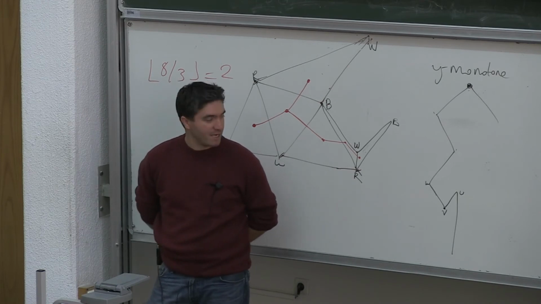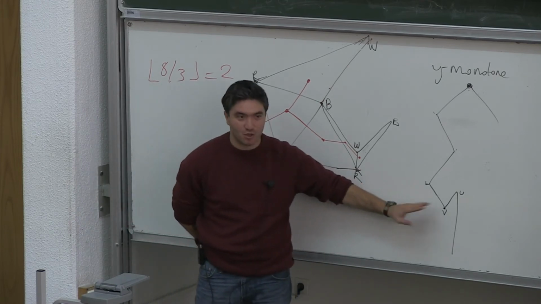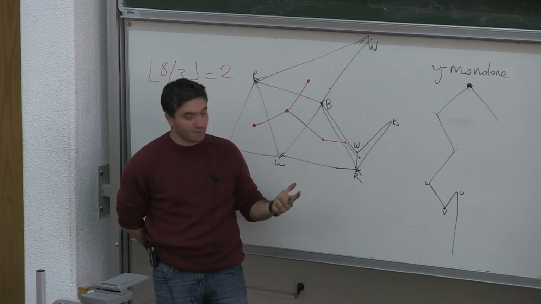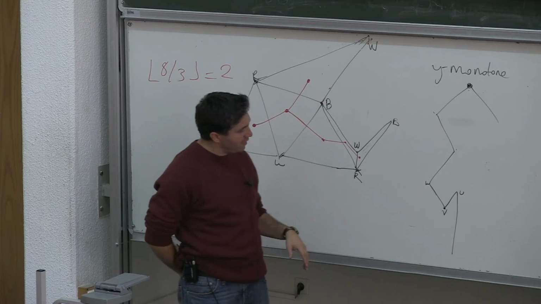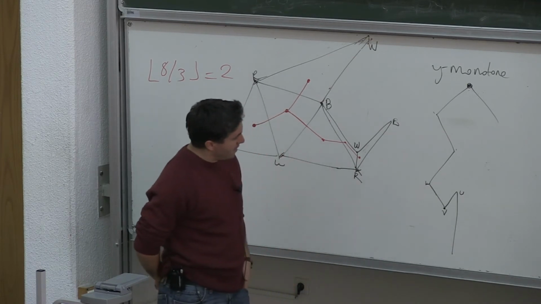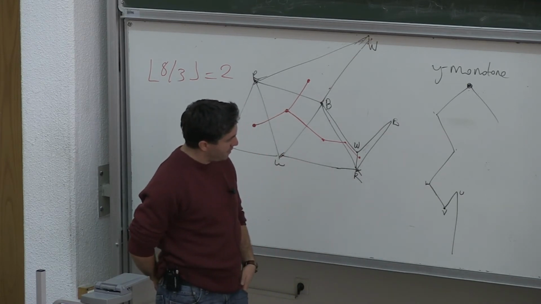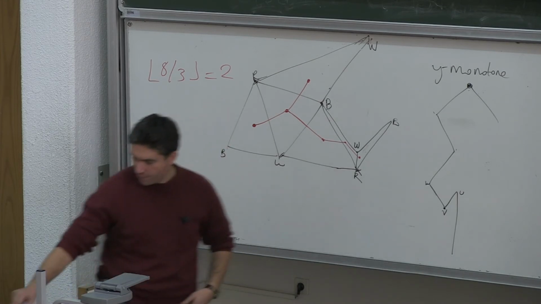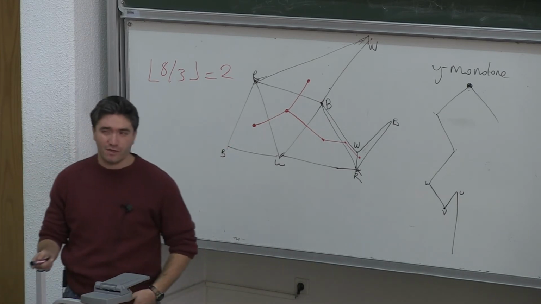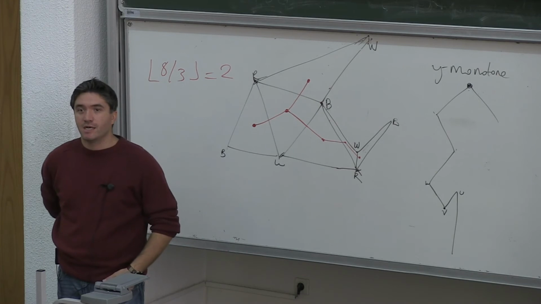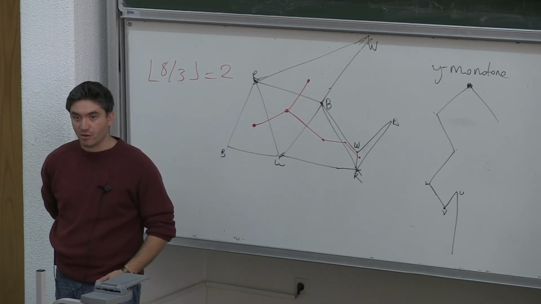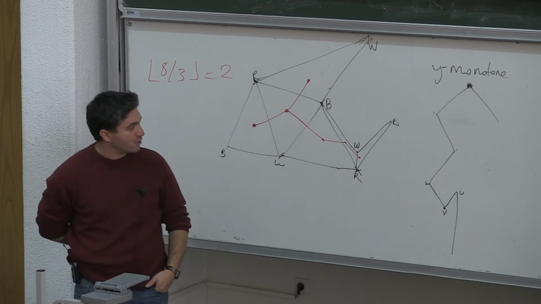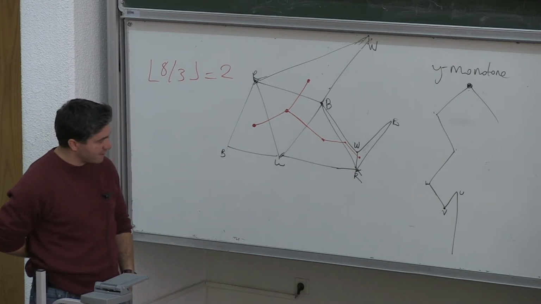So our goal will be to get rid of these turn vertices. How can we get rid of them? That's going to be the next thing. We are going to get rid of these turn vertices by drawing certain diagonals.